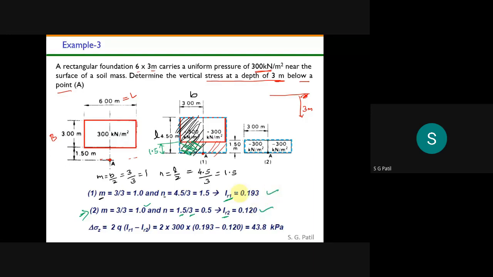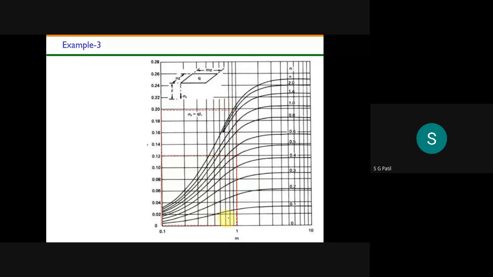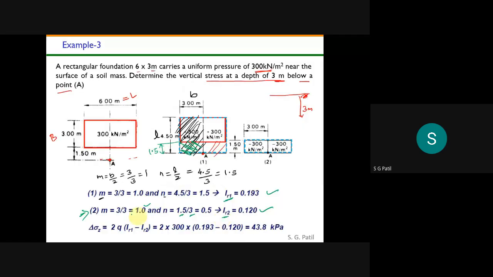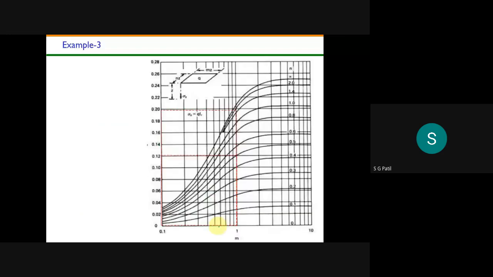So how I got these values? These values I got from this graph. So if you go for M is equal to 1 and N is equal to 1.5, where is my 1.5? This is 1.4 and 1.5 somewhere here. Okay. So this is 0.20, little less than 0.20. So I took 0.193.